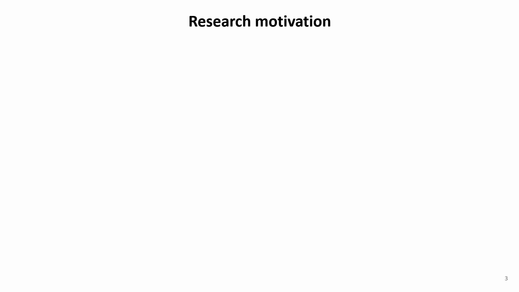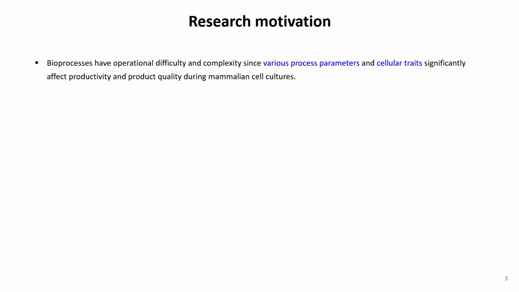Although there have been enormous developments of technologies, biomanufacturing still has operational difficulty and complexity, since there are various process parameters and cellular traits that significantly affect productivity and product quality during mammalian cell cultures.